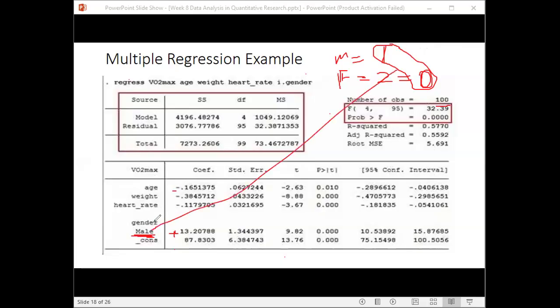So this variable male here has the value of 1 and 0, where 1 is for male and 0 is for female. 1 is the presence of being male, 0 is the absence of being male. So the interpretation is, once it's positive, you interpret it as being male or having male as a gender. Is it positive? Yes, it will increase your dependent variable here by this coefficient that you see relative to being female. That's all.